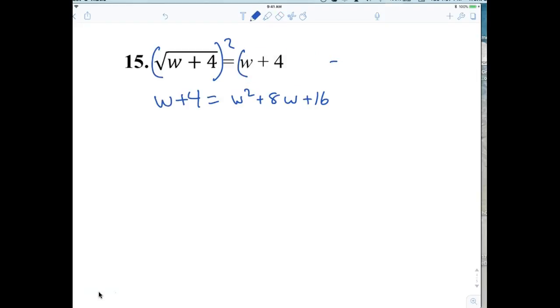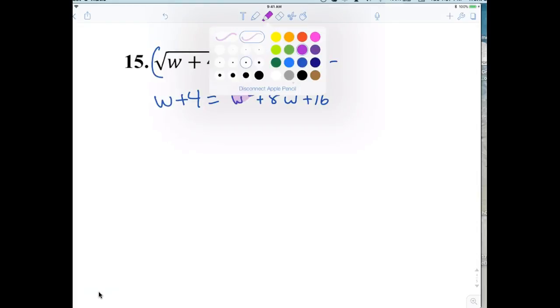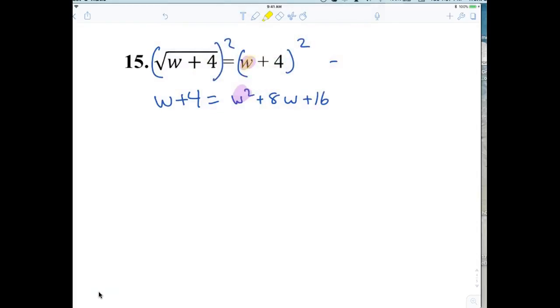When I square, there is a pattern for squaring a binomial. Whenever you square a binomial, you square the first term. What does that mean? W squared. The middle term, now pay attention so I can give you a little shortcut. To find the middle term, you're always going to multiply W times 4, which is 4W, times 2.